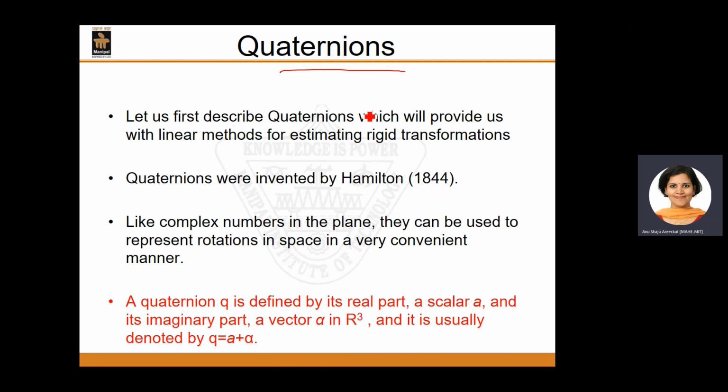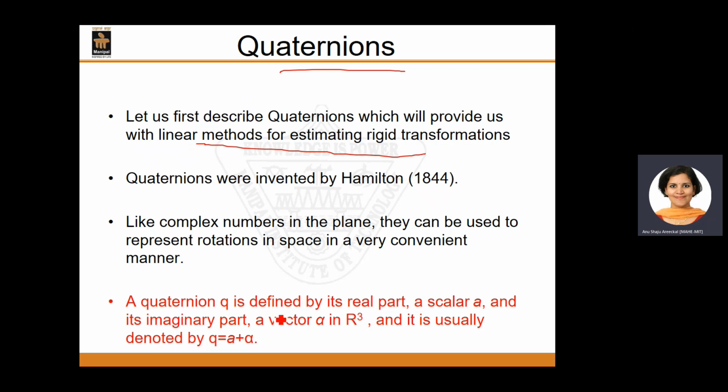In quaternions, it is a method by which you can represent a vector in another form, which would be used later in one of the algorithms that we'll be using. Basically it provides a linear method for estimating the rigid transformation.